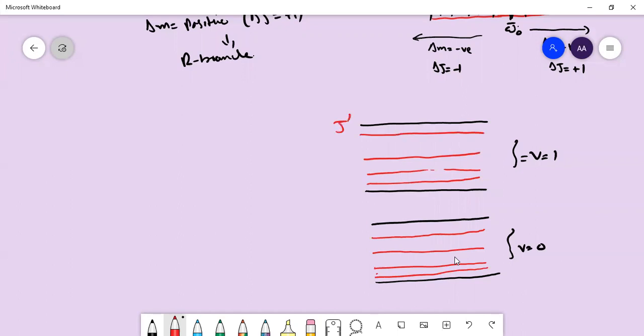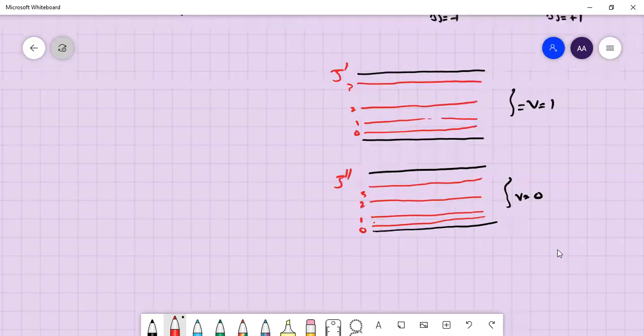This is represented by J dash and this is represented by J double dash: 0, 1, 2, 3, 0, 1, 2, 3, 4, 5, 6, and so on. So we can easily draw the spectrum here. The spectrum will originate starting from our band origin or band center.